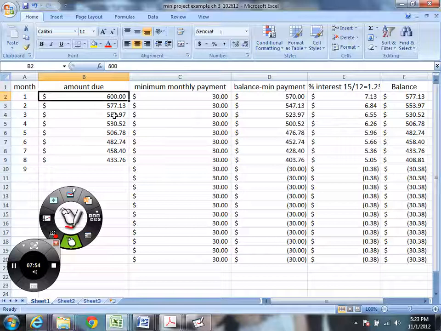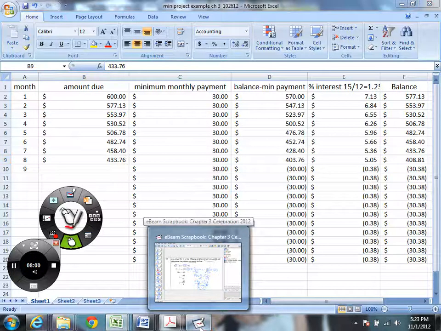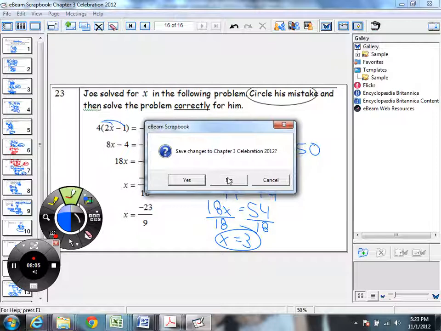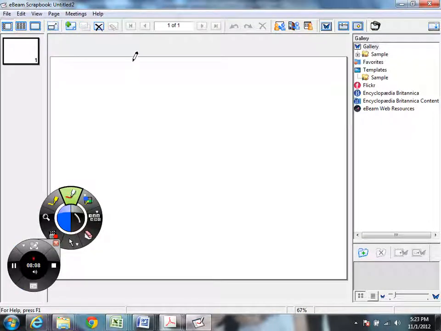And so if it takes you, let's see, I don't know, however many months, if it takes you 30 months, let's say, and I keep paying, I forget how much I was paying.